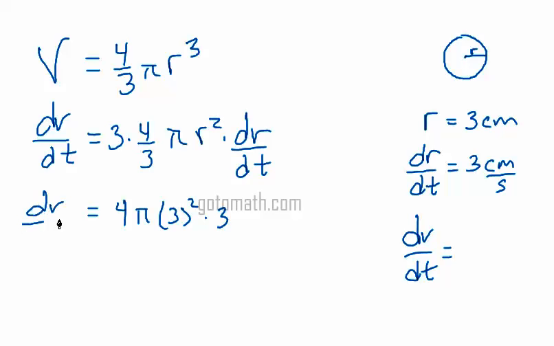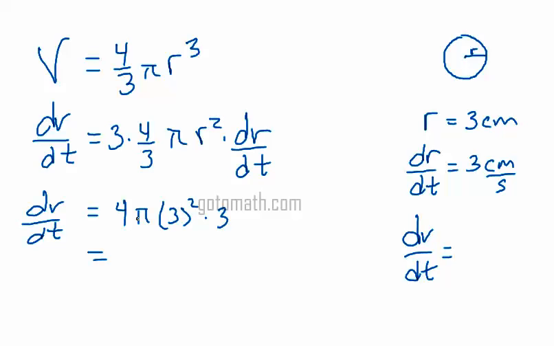dr/dt is 3. So for dV/dt, if we're asked to find the exact value, we would say 3 squared is 9, times 3 is 27. 27 times 4 is, I believe, 108.